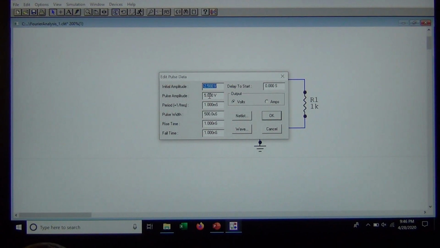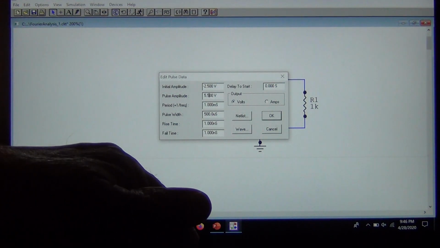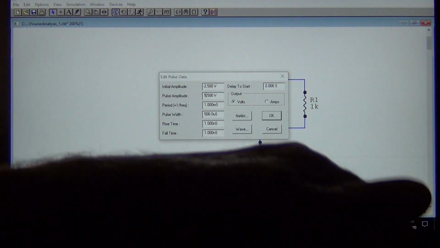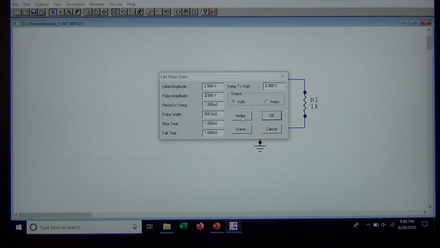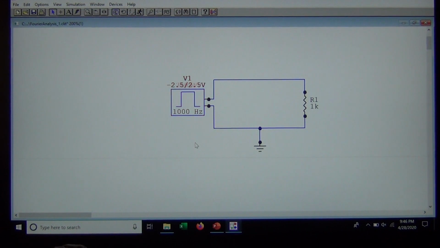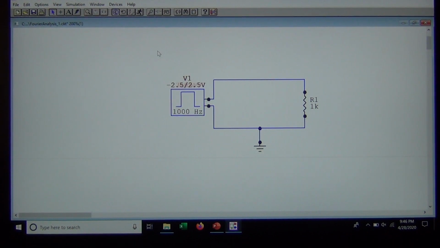So I'll make this 0.5 and make this 2. So now it goes from minus 2.5 to plus 2.5, and it's got a 1000 hertz frequency. So this is a square wave now, or a pulse. You'll see that in a second. Let me just run it for you.